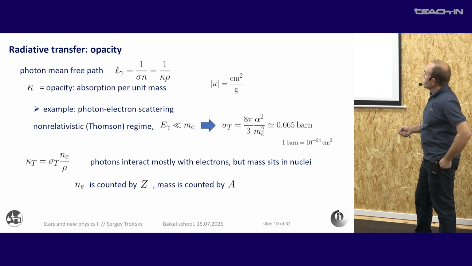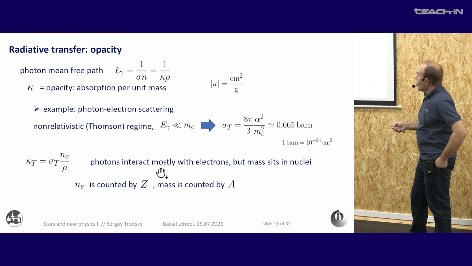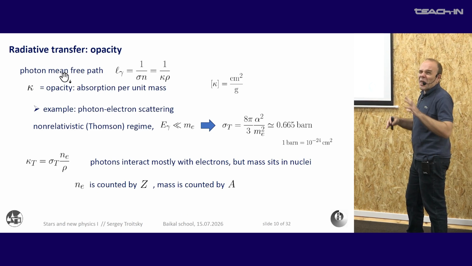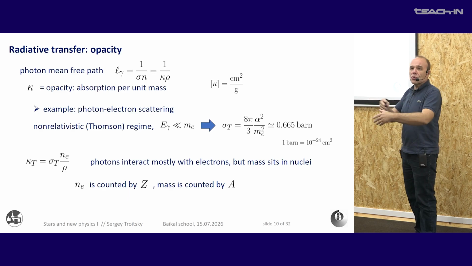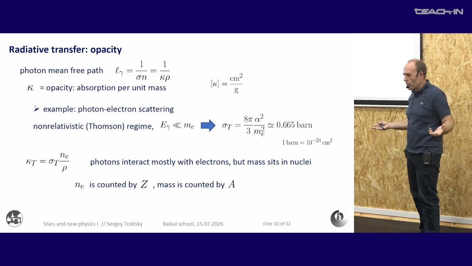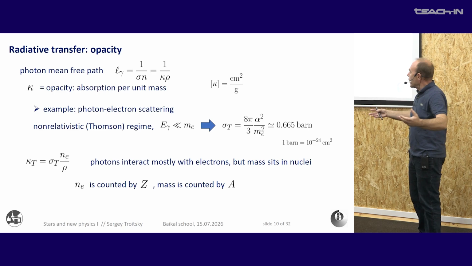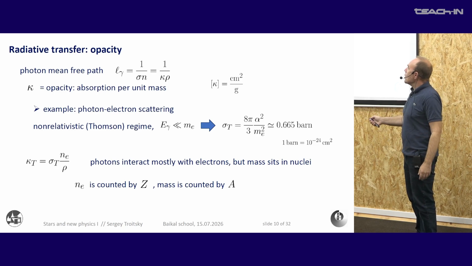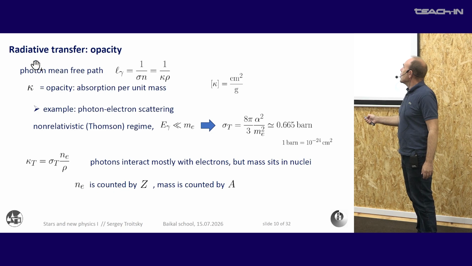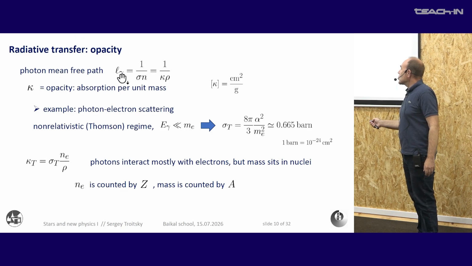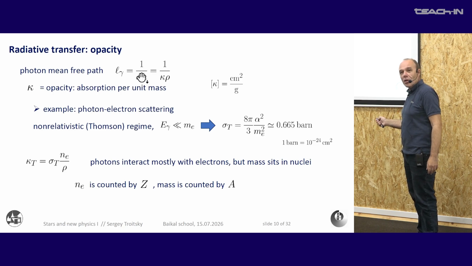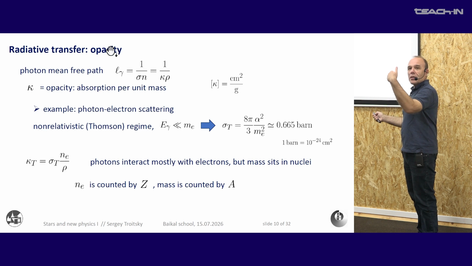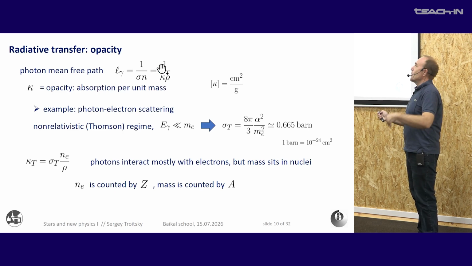And photons, we can imagine that inside a star, photons do not travel freely like neutrinos. They interact with stellar matter. And they have some mean free path, which we determine in a particle physics way with cross-section and concentration. And we multiply and divide by the particle mass to go to the astronomical notations exactly in the same way.